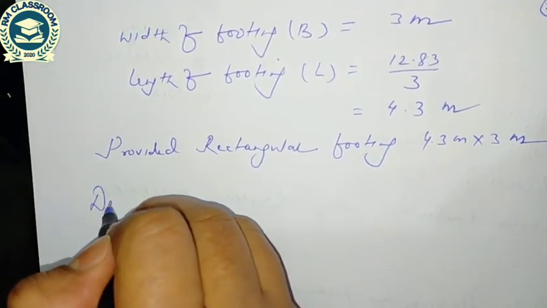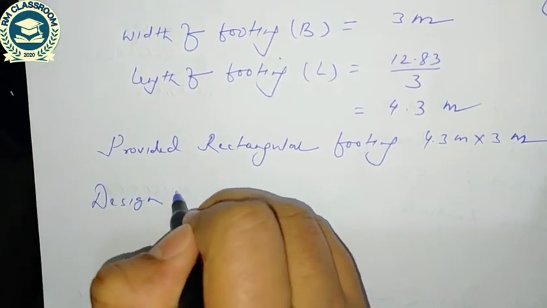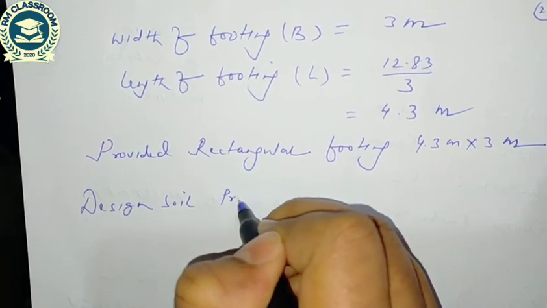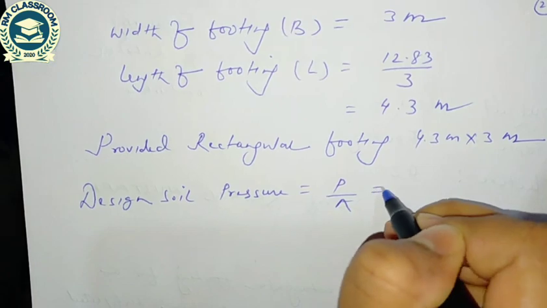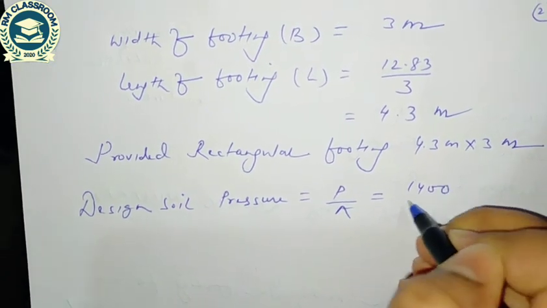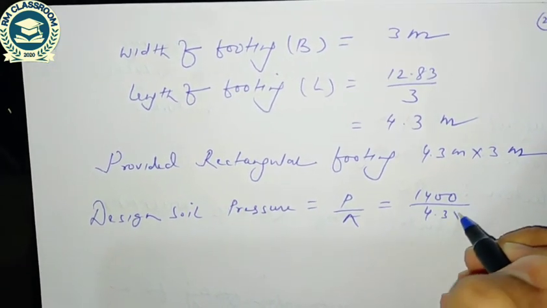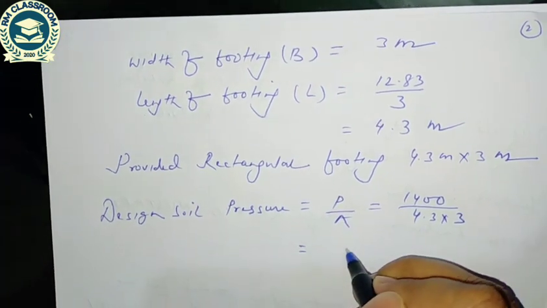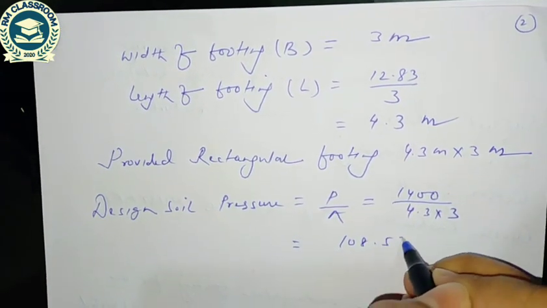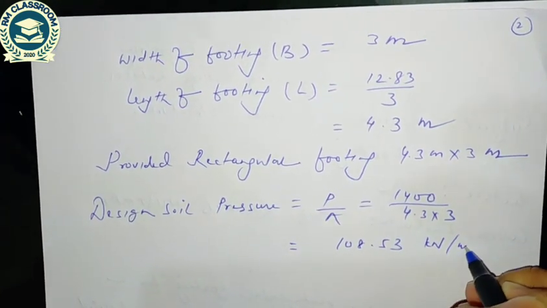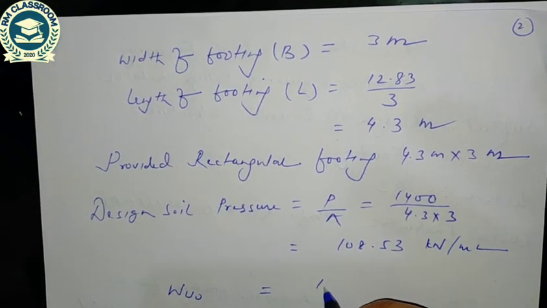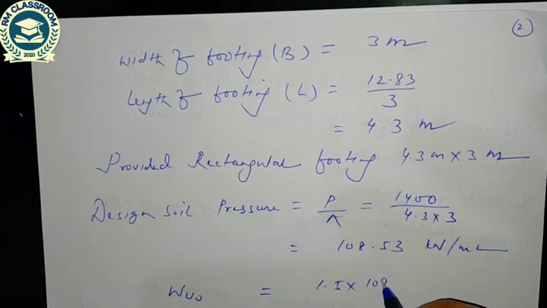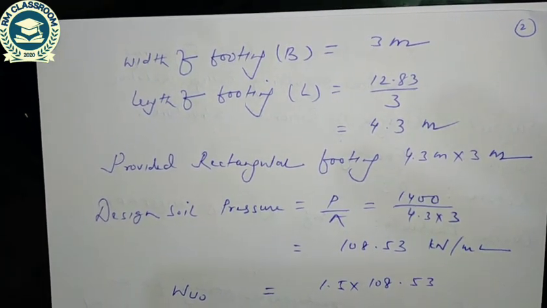Design soil pressure is P by A, 1400 divided by 4.3 into 3. So it is coming 108.53 kilonewton per meter square. So factored soil pressure is 1.5 into 108.53.